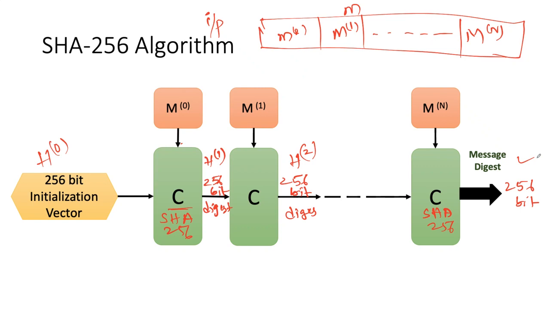While you send a message to me, I will use the same message, I will divide the message into blocks, and I will follow SHA-2 by this mechanism. I will find one digest, and whatever digest you are sending, I will compare it with my computed digest. If it is matching, that means the message is not tampered. If it is not matching, the message is tampered.